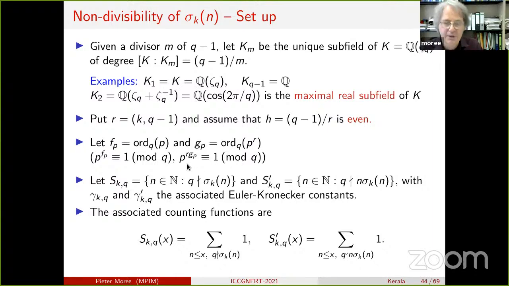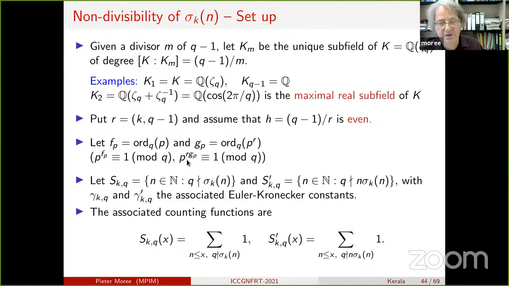Then the multiplicative order will play a role. So for every prime p, I look at the multiplicative order of p to the r, where r is the greatest common divisor of k and q minus 1. So in some sense, the divisibility of sigma k is more or less the divisibility of sigma r, where r is this greatest common divisor.